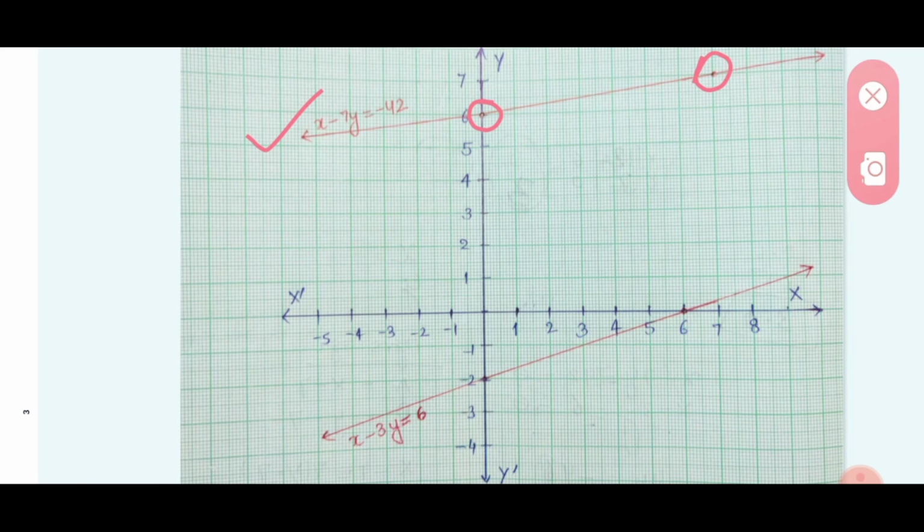Now, the second equation was x minus 3y equals 6. It passes through (0, minus 2) and (6, 0). After joining these 2 points, you will get a straight line like this on the graph. So this is the representation of the situation graphically.